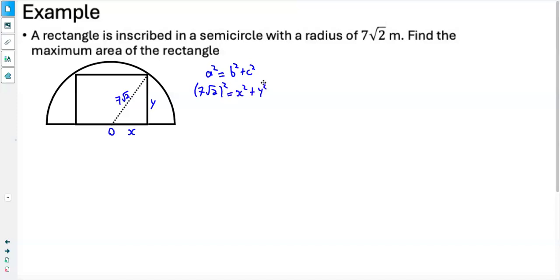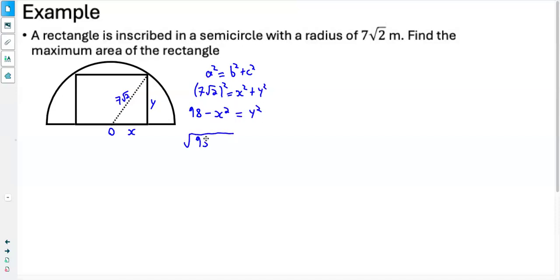Now I'm going to rearrange and get Y on its own. So if I square 7 root 2, that gives me 49 times 2, so that'd be 98. Now we'll move our x squared to the other side by subtracting it over. And then we'll take the square root of both sides.